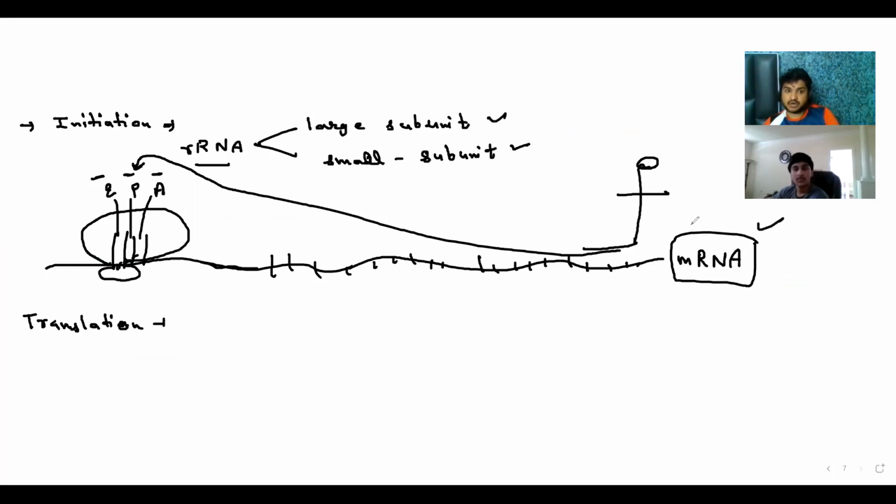So mRNA is very important. Other things are only helping. Got it now?